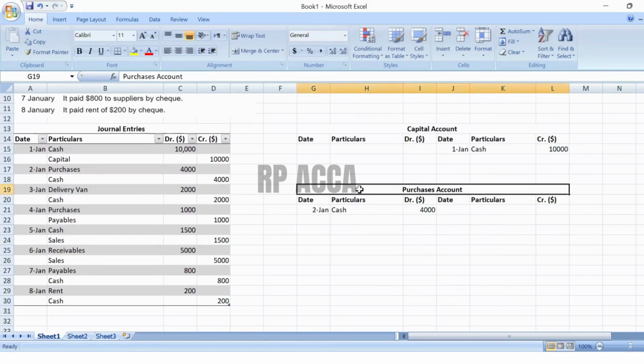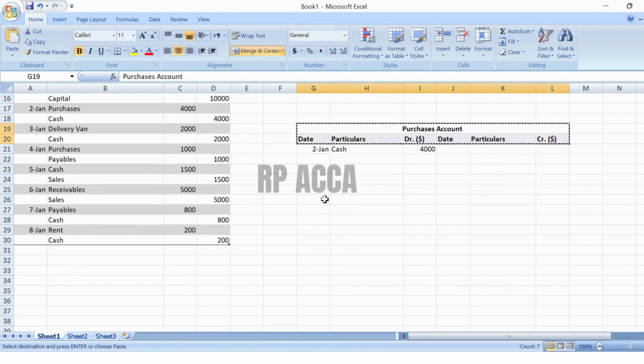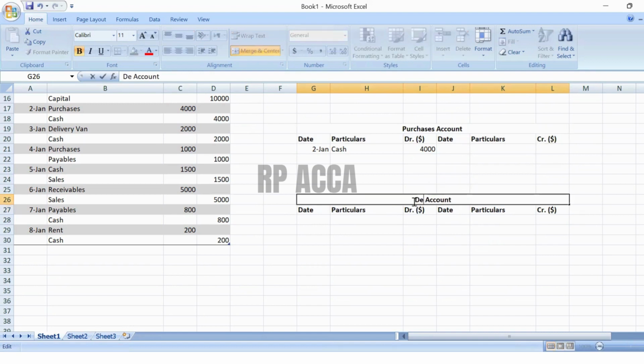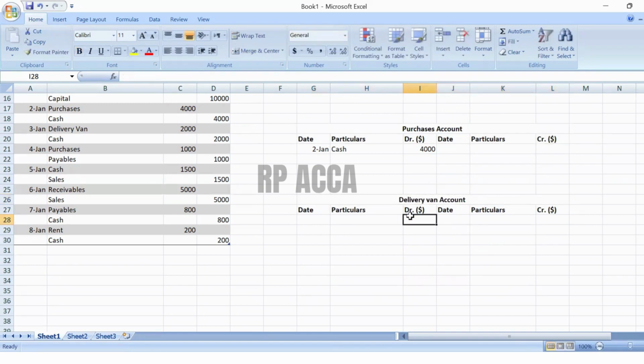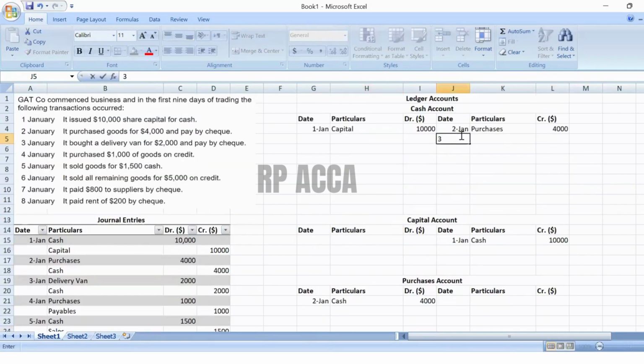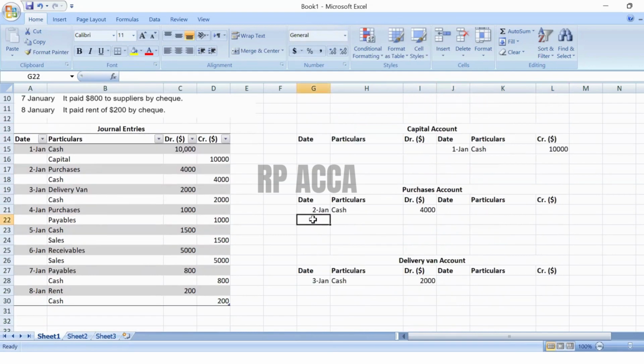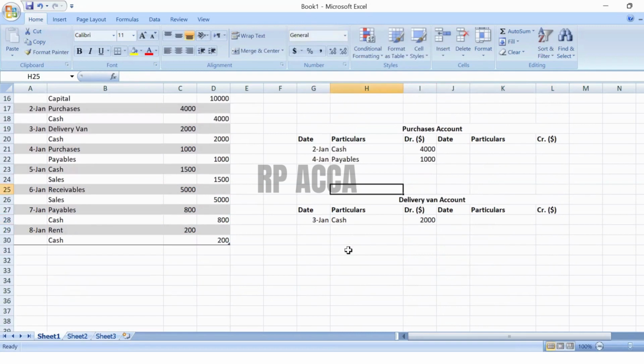Now for next entry, let's open a delivery van account, and debit it with cash. And in the cash account, let's credit it and put it as delivery van. Next, we have credit purchases. We will debit in purchases account, and then create payables account to credit this purchases.